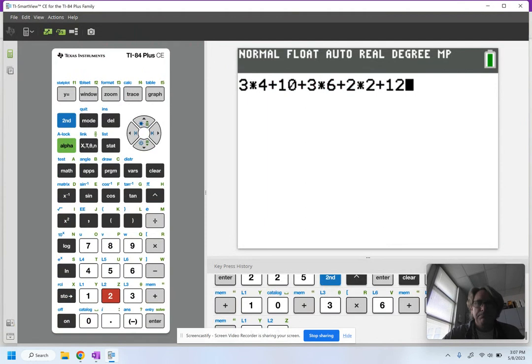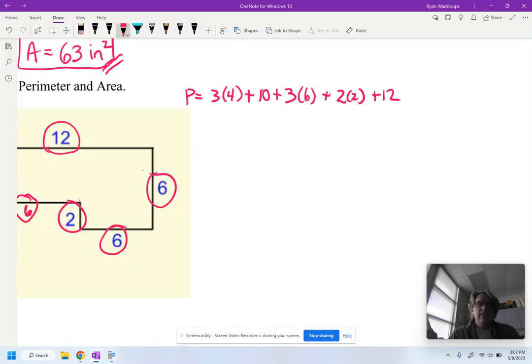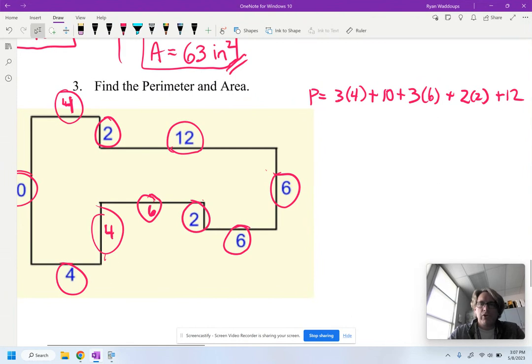Then I hit enter and I get 56. So the perimeter of this object is 56 units, whatever it was.